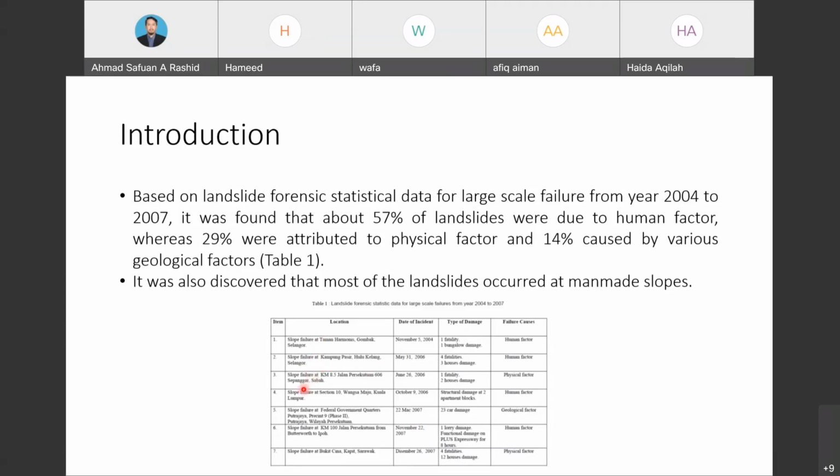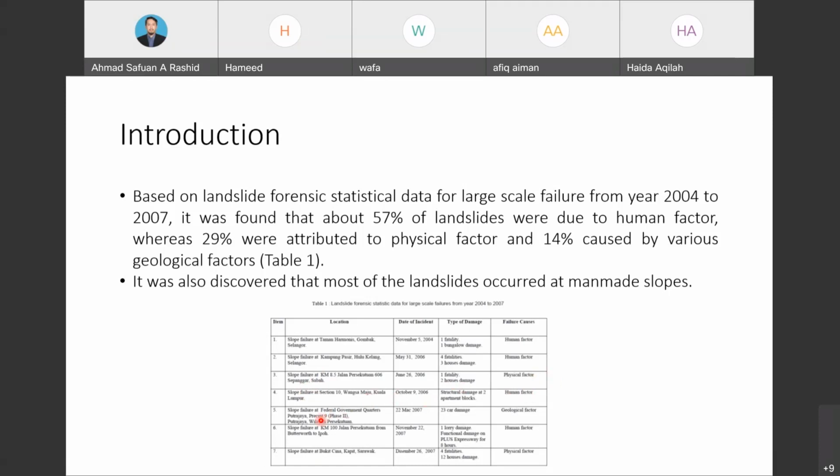While in Sabah, this is located at what we call the Federal Road. However, this is due to the physical factor, most probably due to the rain, or whatever is related to physical factor. While for Wangsa Maju, this is a very dense area, so due to the human factor.